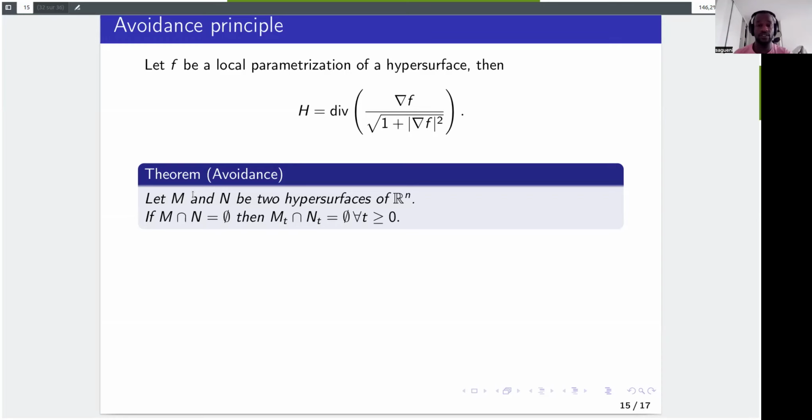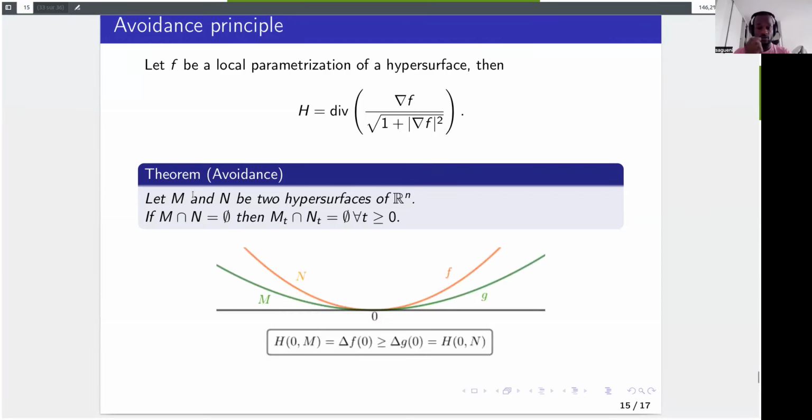How to prove this? Basically, we consider two hypersurfaces that are touching each other at a point, and we compute their mean curvature. So the mean curvature of M, which is here below, is equal to the Laplacian of the parameterization at 0. Remember this formula, because the gradient is 0.